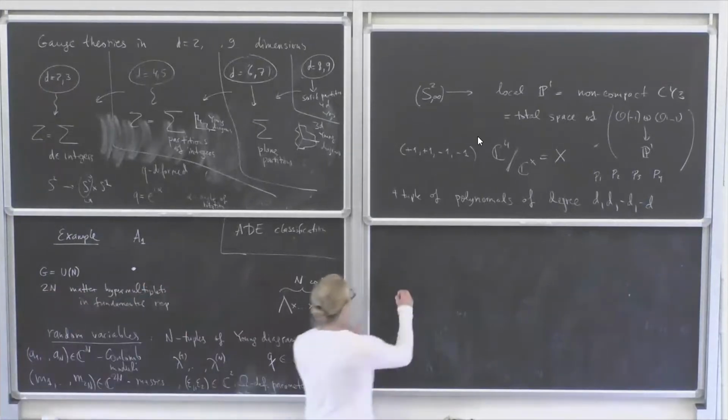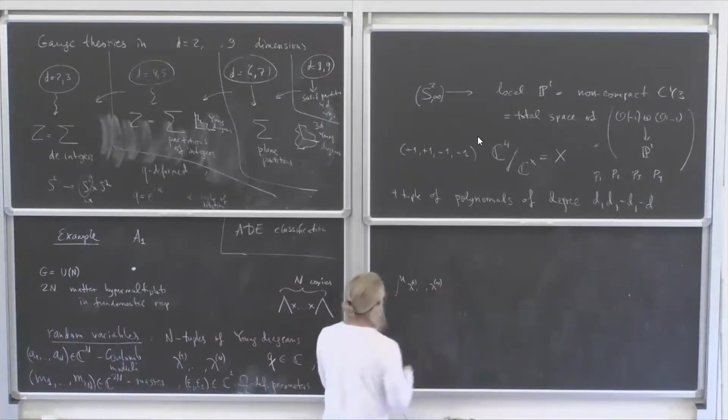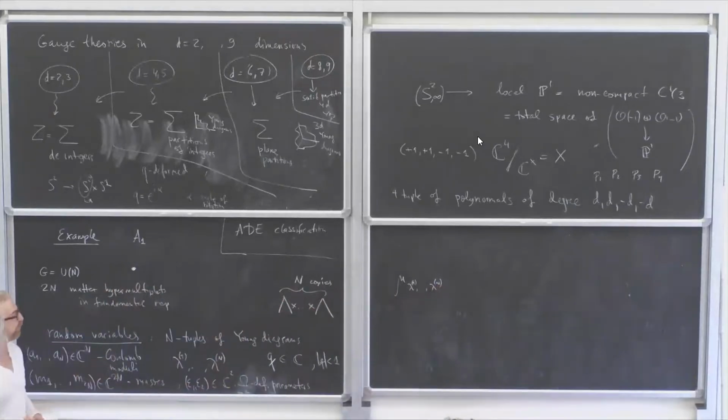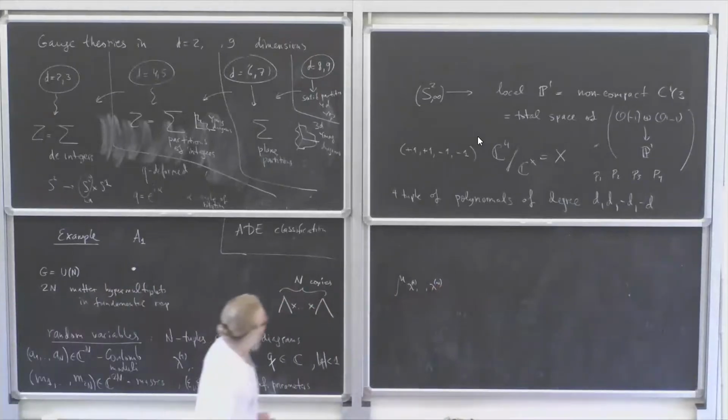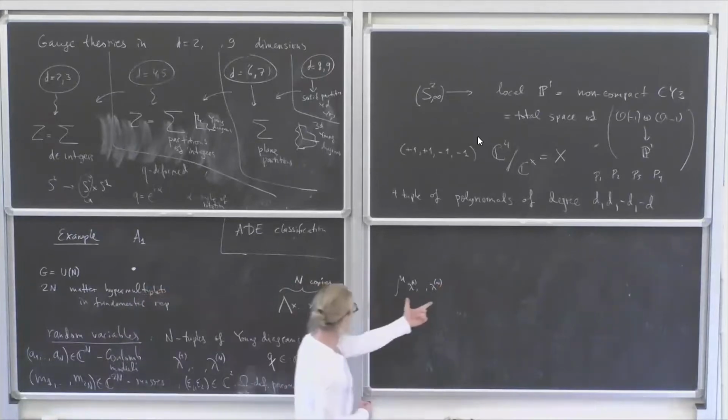So I'm now defining a measure. The complexified probability, or we may call it amplitude. It's really more like a complex analytic continuation of a probability of having an n-tuple of partitions.